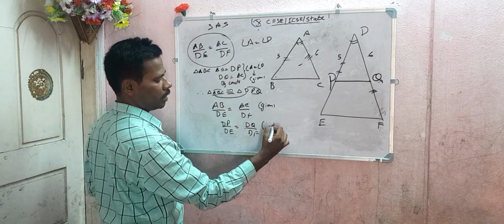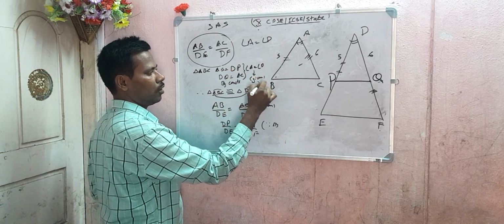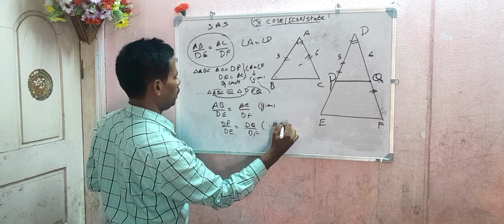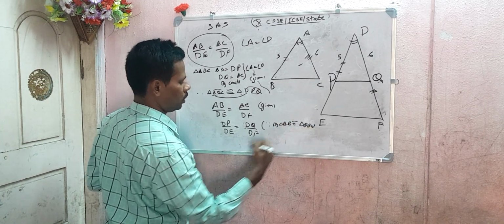Since by side angle side congruency, triangle ABC is congruent to triangle DPQ.